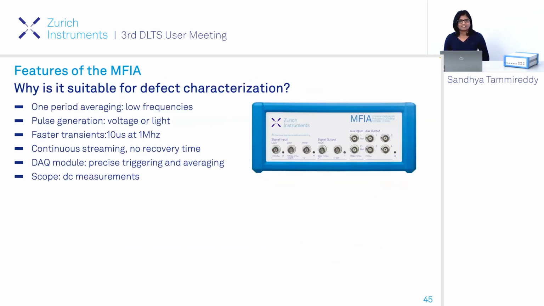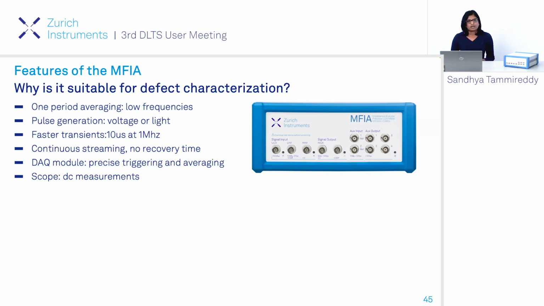So to answer why this instrument: as you see, you can use the MFIA quite nicely to understand what's going on in your device. It's very useful for impedance measurements because, as you saw, there was a low frequency defect where you have to measure slowly. In those situations, the one period averaging offered by the device makes your measurements faster.